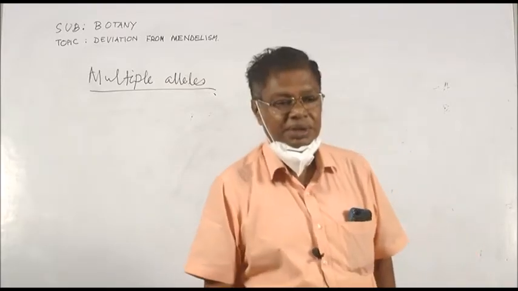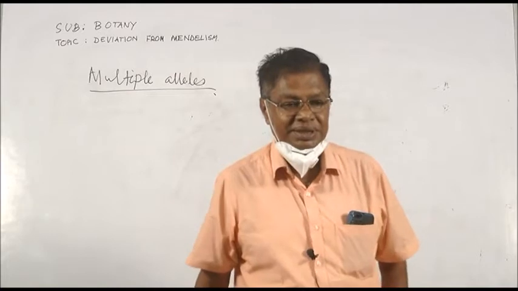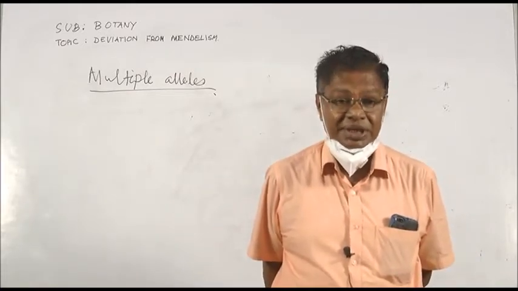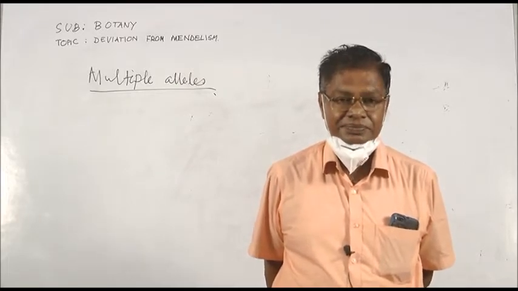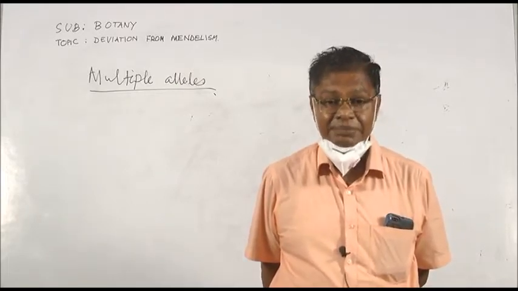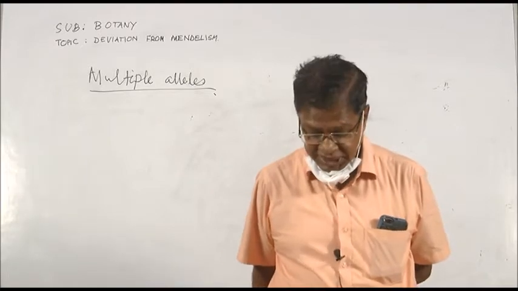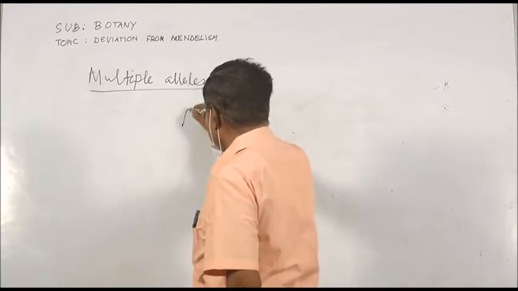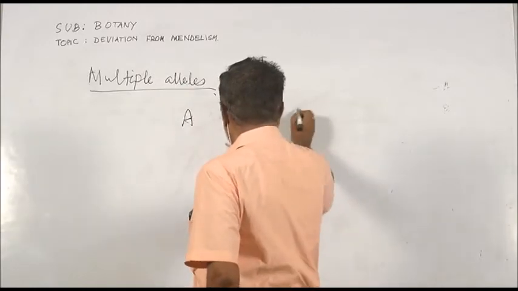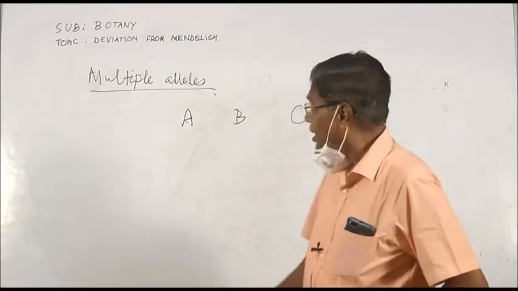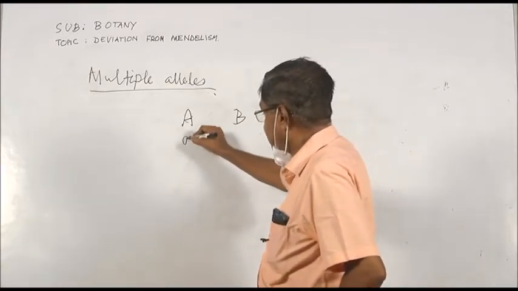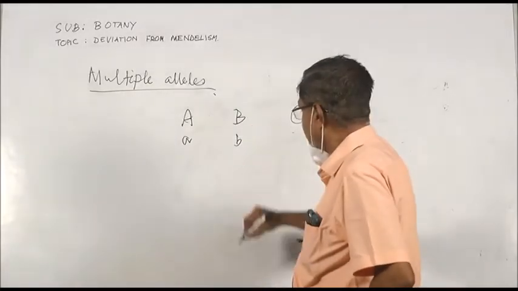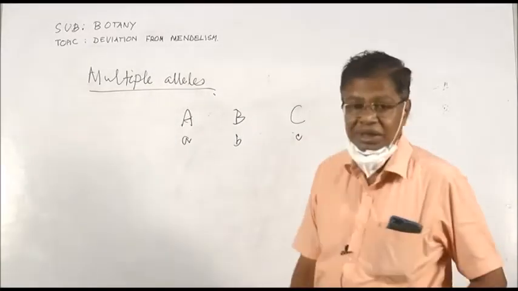Let us simply assume that there are 3 genes which determine skin color, let us name them A, B and C. A has a recessive gene small a, B has a recessive gene small b, and C has a recessive gene small c.